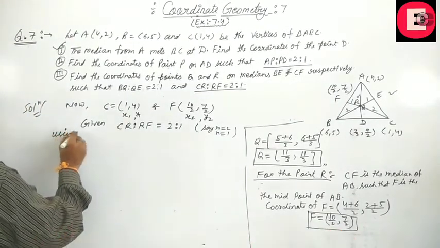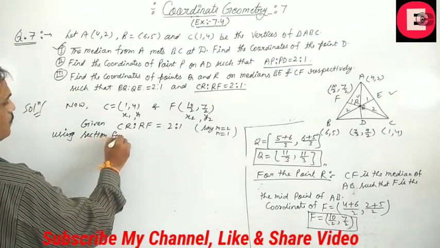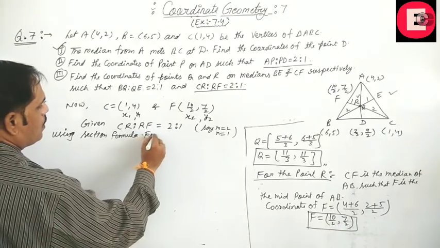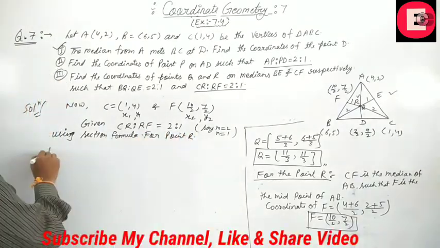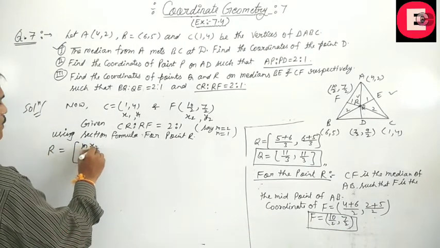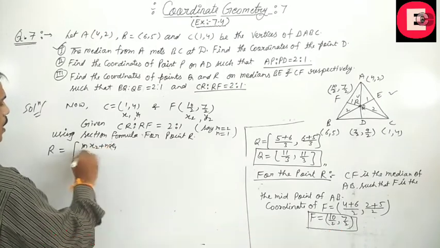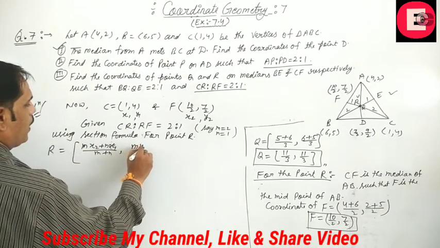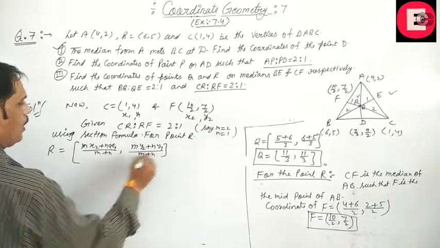Using the section formula for point R, R is equal to (m x2 plus n x1) upon (m plus n) and (m y2 plus n y1) upon (m plus n).